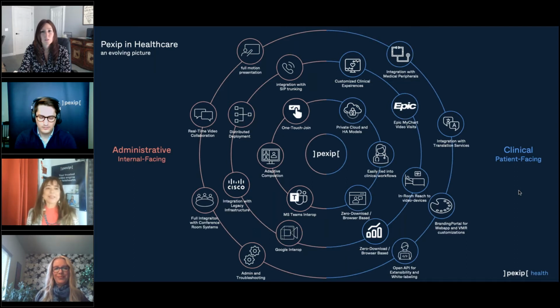And the reason is that we're a video engine, not unlike an engine in a car, and we allow other parts to work, right? All these things that you see on the slide. We look at it as a platform, and we're customized a majority of the time and branded by customers and partners. So we have some of the largest healthcare organizations in the world that use Pexip, but it's branded for them, so you don't know it's us.